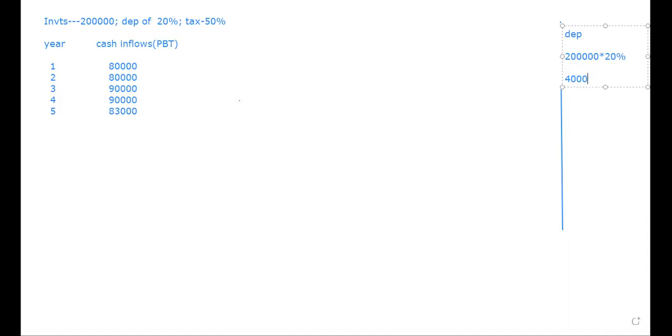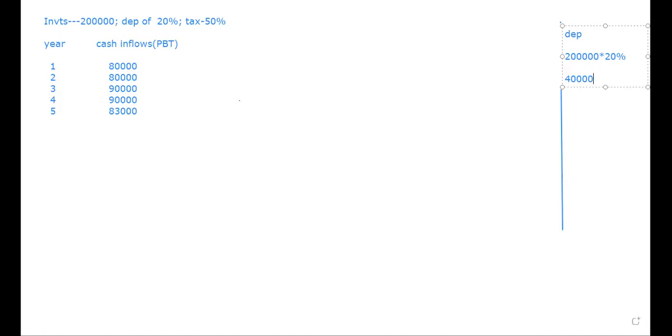Usually when he is giving us any kind of amount, we need to be a little bit careful about it. Let me calculate how much. Sorry, 2 lakhs, I was thinking it is 20,000. So 40,000 is our depreciation. On 2 lakhs, 20% is 40,000.